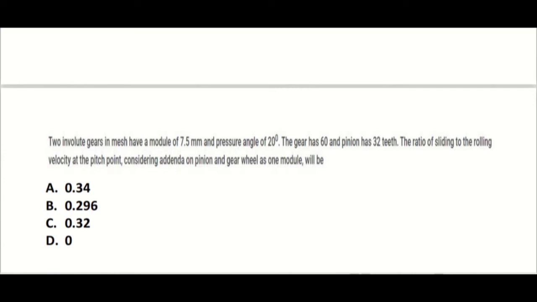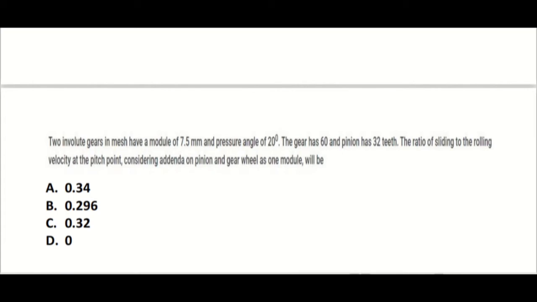Two involute gears in mesh have a module of 7.5 millimeter and a pressure angle of 20 degrees. The gear has 60 and the pinion has 32 teeth. The ratio of sliding to rolling velocity at the pitch point, considering addenda on pinion and gear wheel as one module.